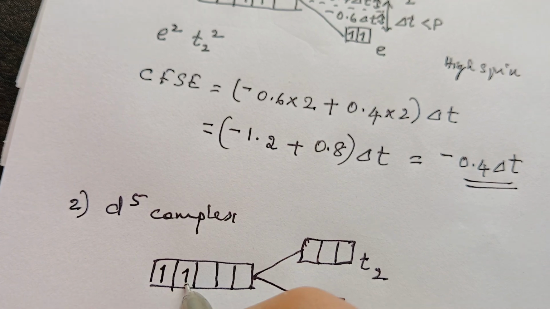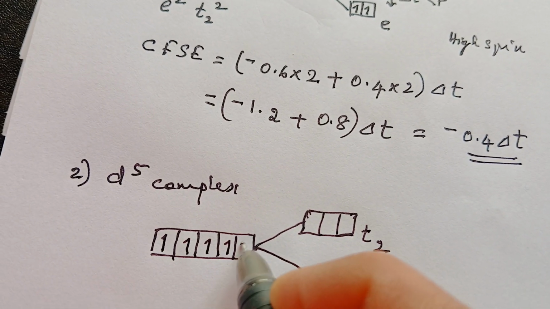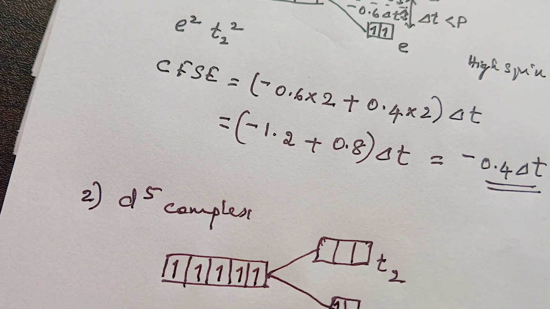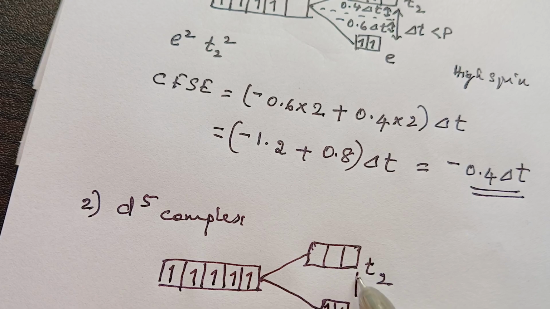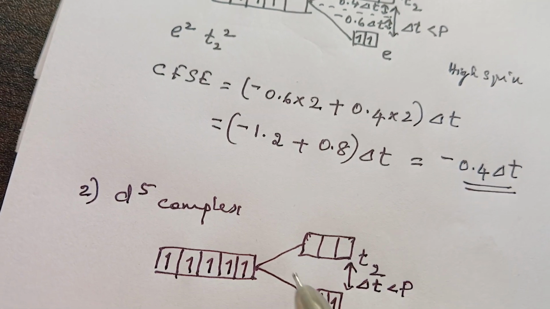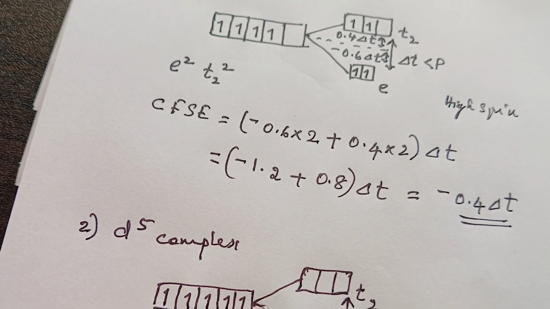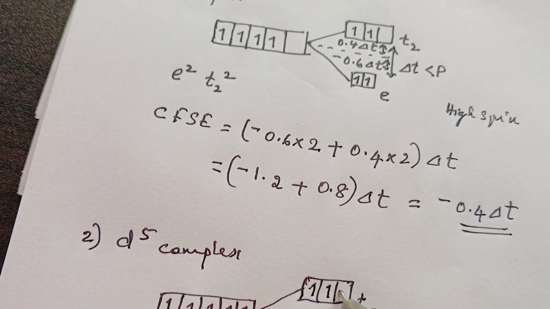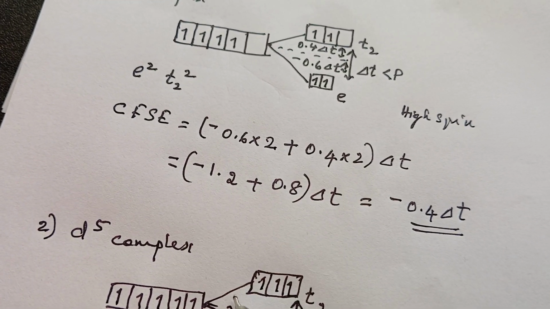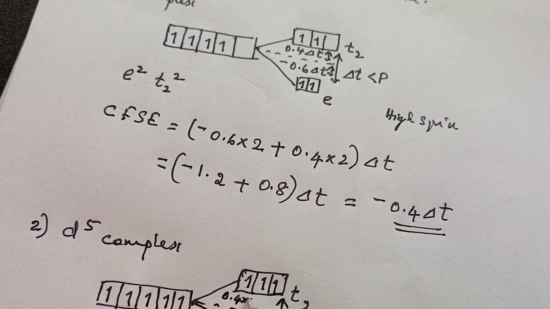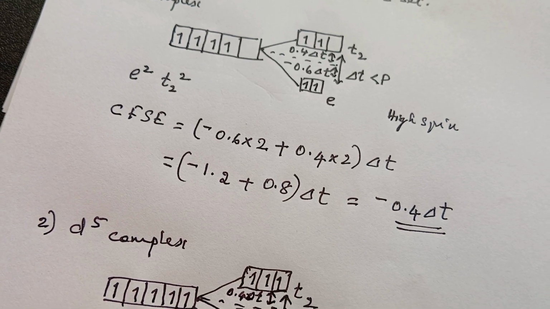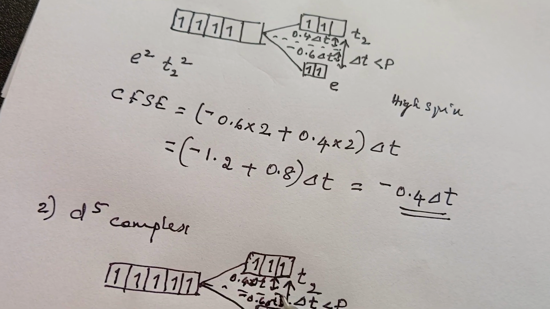So 1, 2, 3, 4, 5 electrons. 2 will come here, 1, 2. Then since this splitting energy is less than the pairing energy, the other 3 will go up, 1, 2, 3. Then here also you have the barycenter, 0.4 delta T here, and minus 0.6 delta T here.